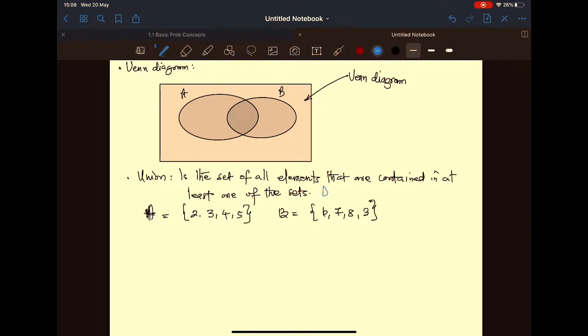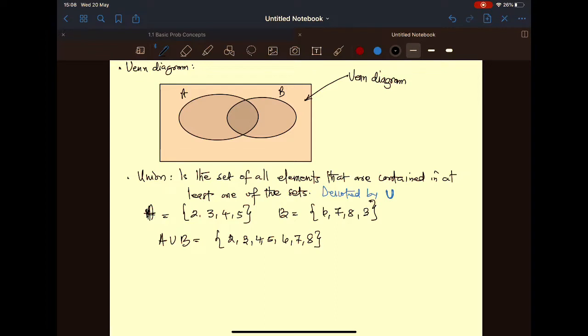The union is denoted by the symbol cup. So if we want to find the union of A and B, we have the set with values 2, 3, 4, 5, 6, 7, and 8, right?